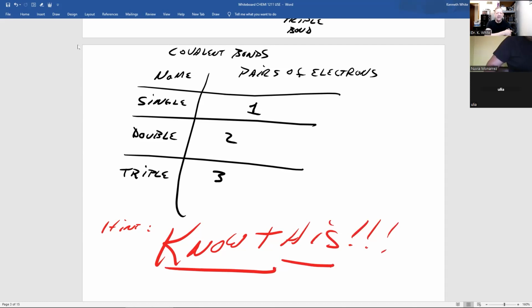Everybody get the message? You should know this. And you should know that a single bond has one pair of electrons, double bond has two pair of electrons, and a triple bond has three pair of electrons.